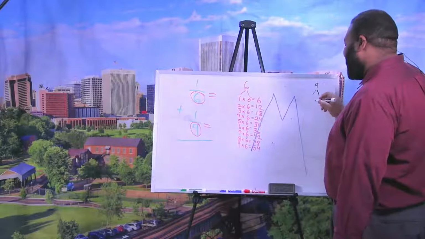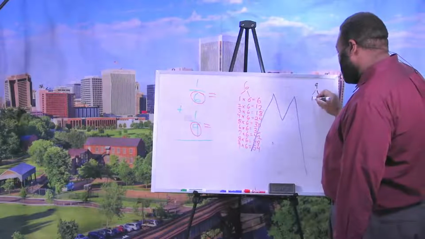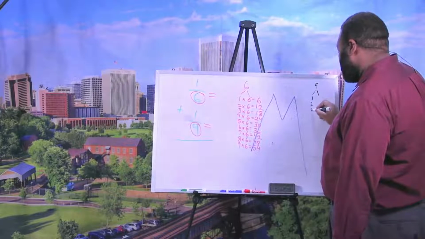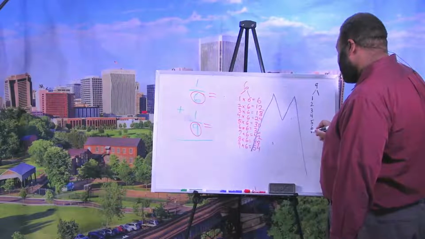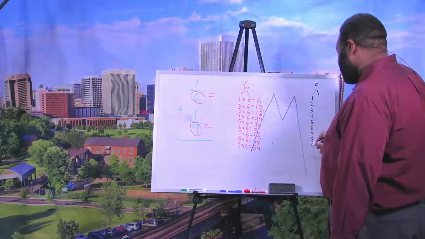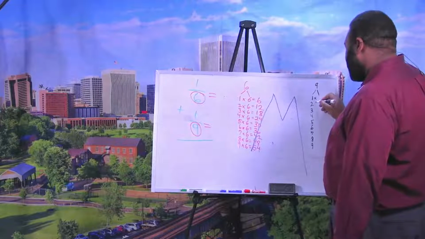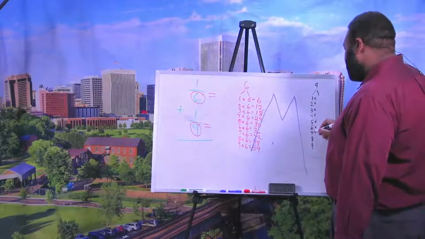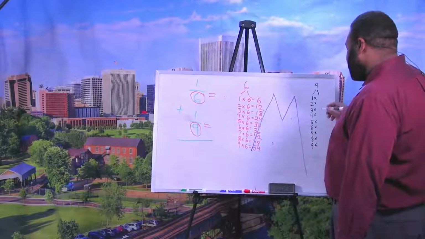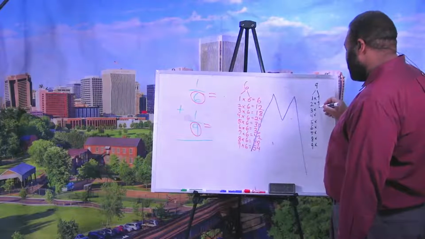All right, now with my nines, I'm going to do something a little bit different. I'm going to still go 1, 2, 3, 4, 5, 6, 7, 8, 9. Come back up here, put my X, that stands for multiplication. And then I want to put my nines.